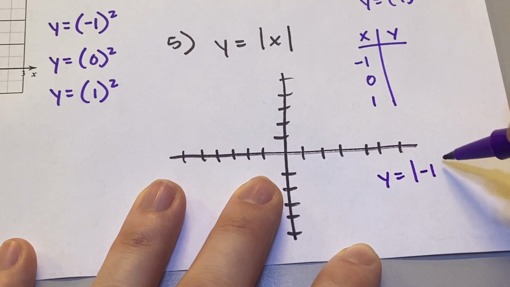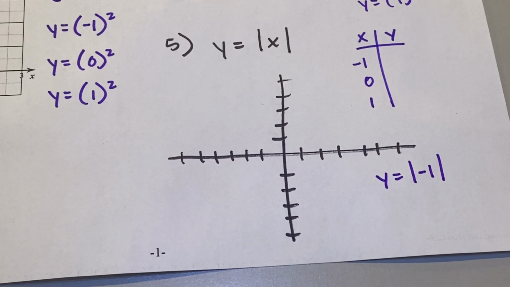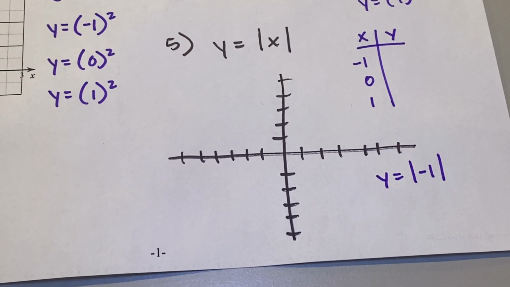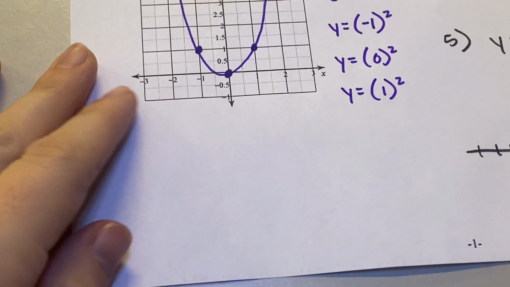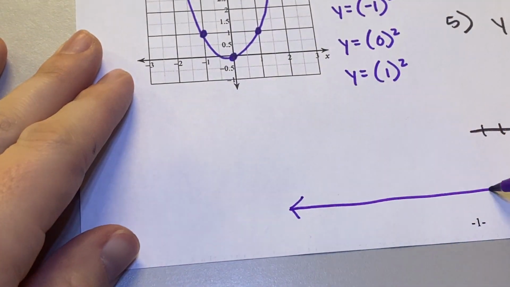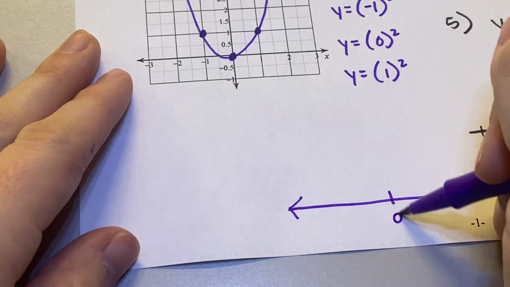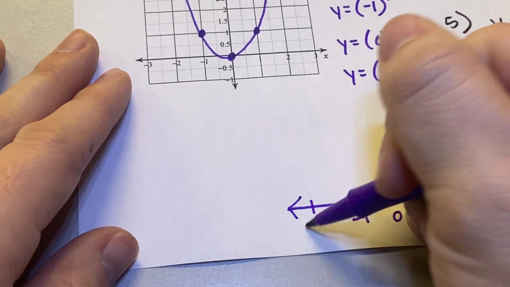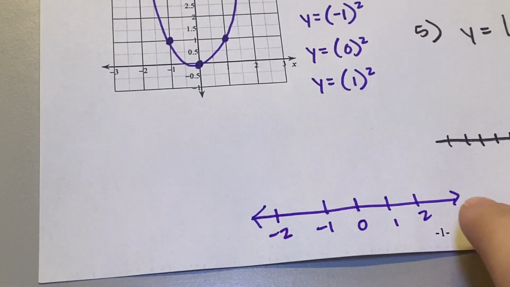Now, who can tell me what the absolute value is? What the heck does the absolute value even mean? You guys remember the rule with absolute value? Think of it like this. This is what the absolute value actually means. I want to draw a little picture over here. Draw yourself this picture: 0, 1, 2, -1, -2.